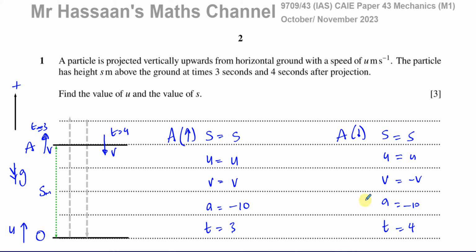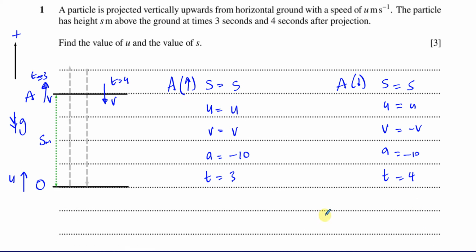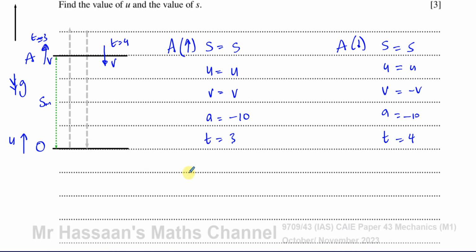Now this up and down business, a lot of students have problems with that. But what I always do is, because this is from O to A, you can say A1 is here and A2 is there, and this is from O to A2. The direction I take as positive is the direction it was moving where I start, which is at O. How was it moving at O?